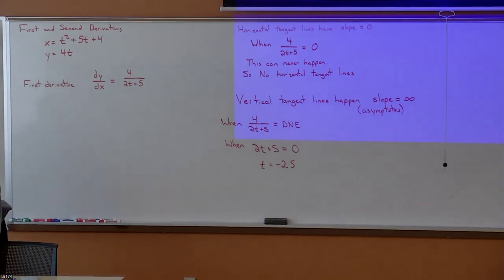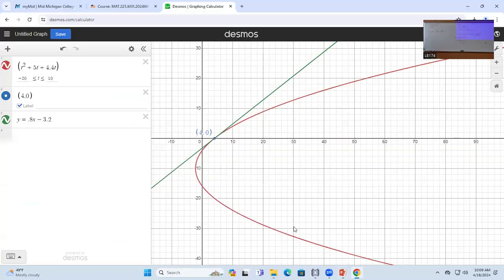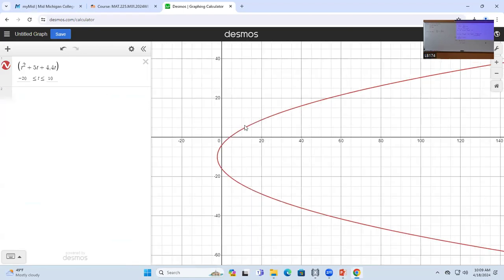Let's make sure that happens by just taking a look at what Desmos has. Sure enough, it doesn't look like I have any horizontal tangent lines. There's no place where my tangent direction is going to be flat, perfectly flat.